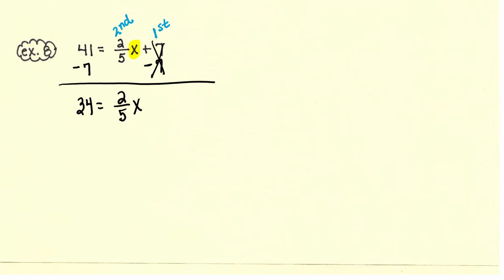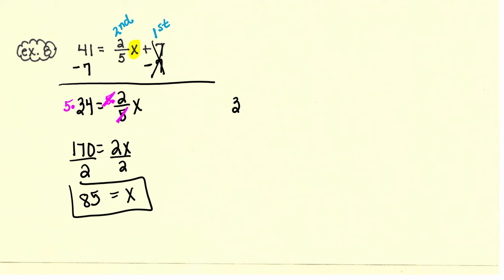Now, here's what I would do on this right here. When you have a fraction, I really think the easiest thing is to, because that's a divide by 5, let's multiply by 5. That way, those cancel, the multiply and the divide, and then I'll have 5 times 34, which is 170, is equal to 2x. Now it's attached by multiply, so I will divide, and x is equal to 85.